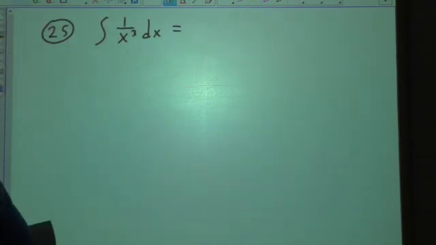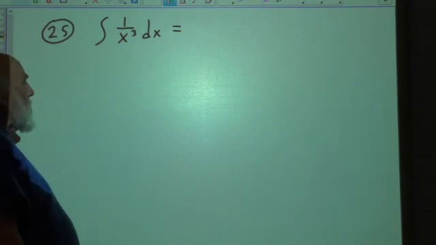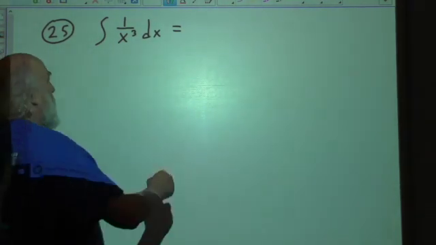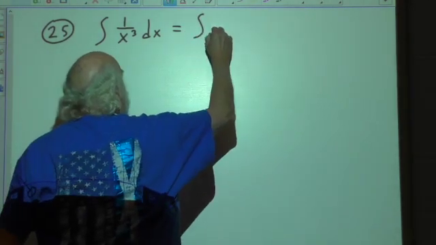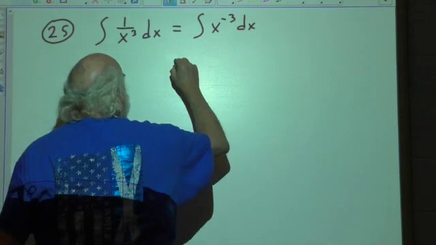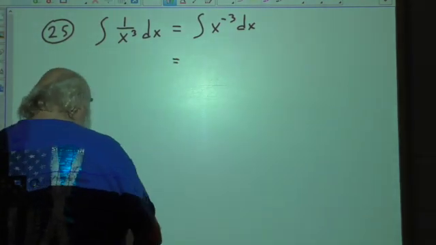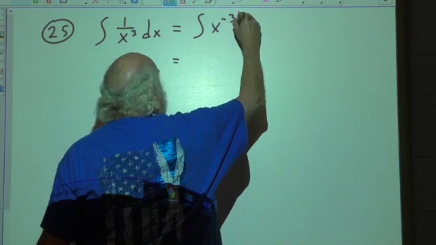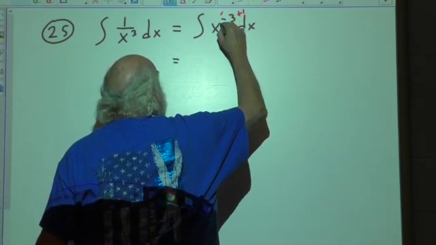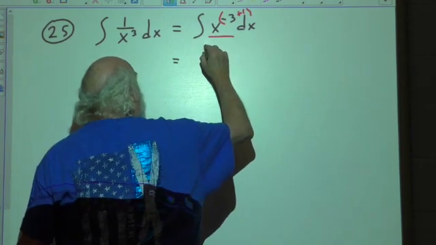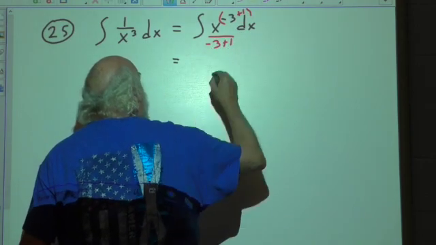Number 25. To do this problem, I'm going to rewrite this as x to the negative 3 power. So this becomes the integral of x to the negative 3 power dx. And we'll go through the same thing here. We're going to add 1 here and divide by negative 3 plus 1.